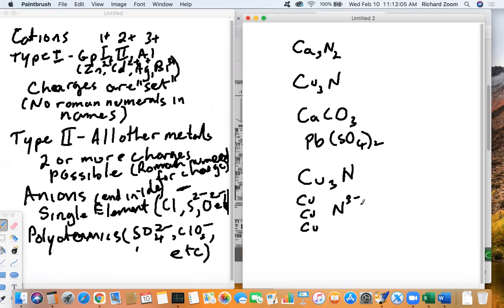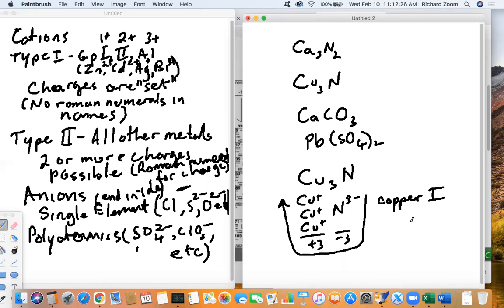So N has a 3 negative charge, which means the total charge here is negative 3. That means the total positive charge has to be plus 3 to match it, and then each of these would have to be positive 1. So this would be copper, and then we need the Roman numeral 1 nitride. The 1 here represents the charge on each Cu.